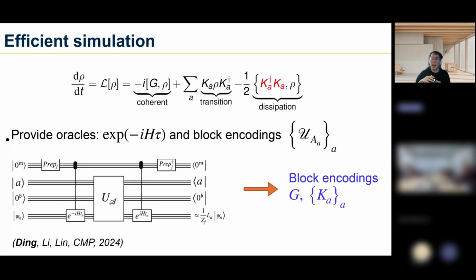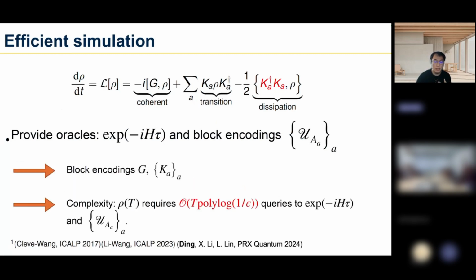Okay. So now I have briefly told you how to construct the block encodings of the coherent term and the jump operator. Then, in fact, after we have the block encodings of these two terms, the existing literature has already provided a lot of efficient algorithms for us to simulate the Lindblad dynamics.